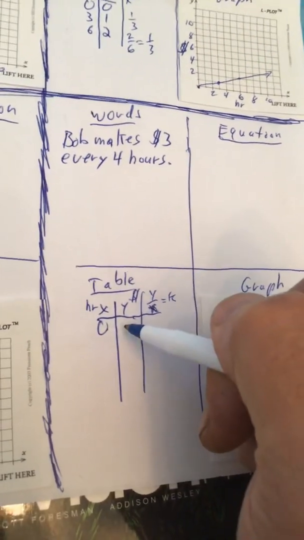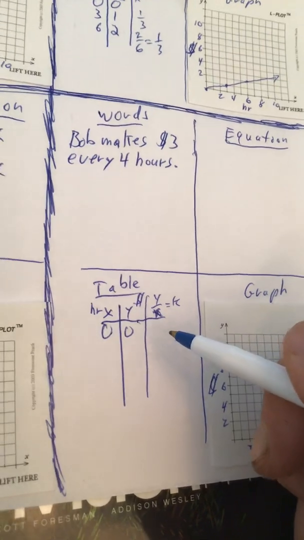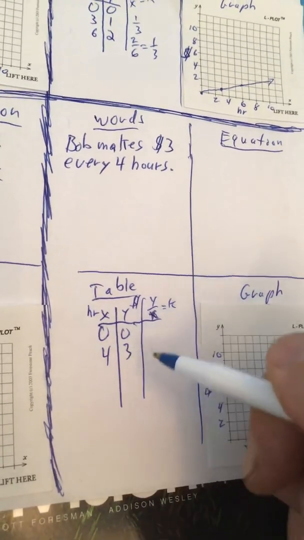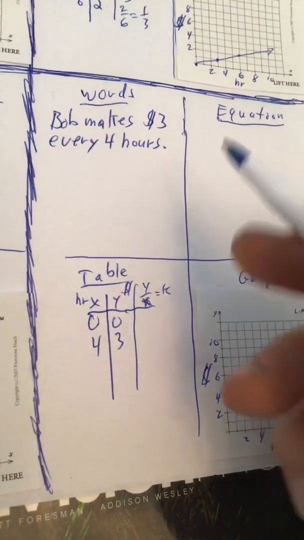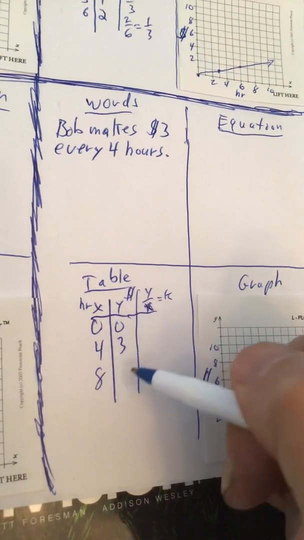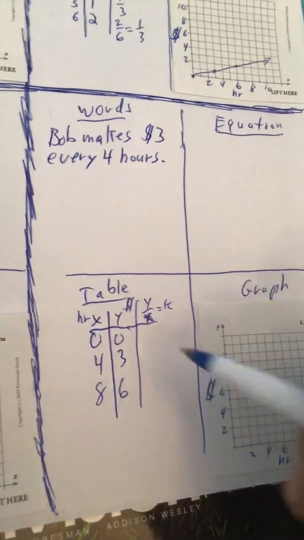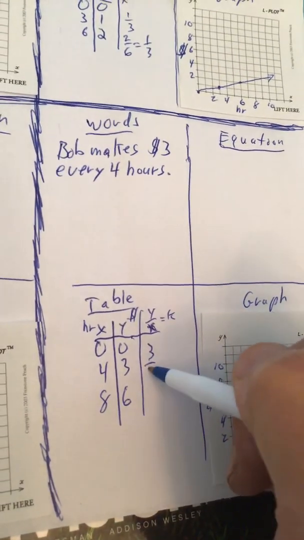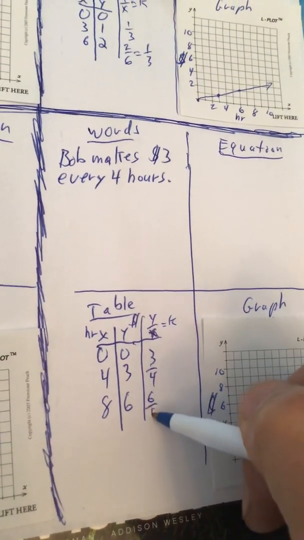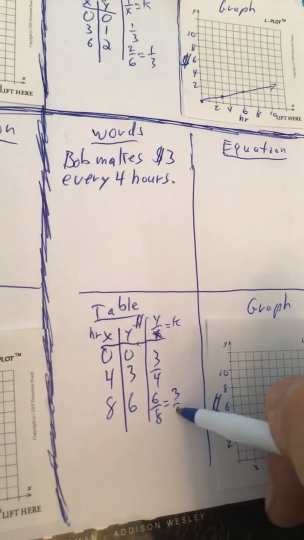So if he doesn't work, he doesn't get paid. If he works 4 hours, he makes $3. If he works 8 hours, he's going to make $6. 3 over 4 is the same thing as 6 over 8, which reduces to 3/4.